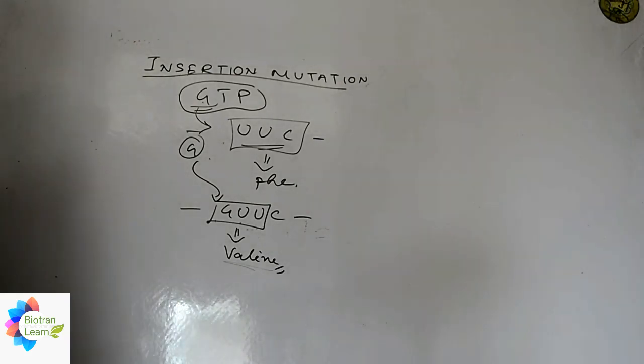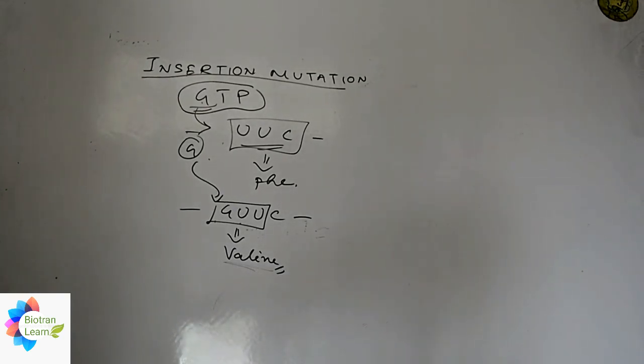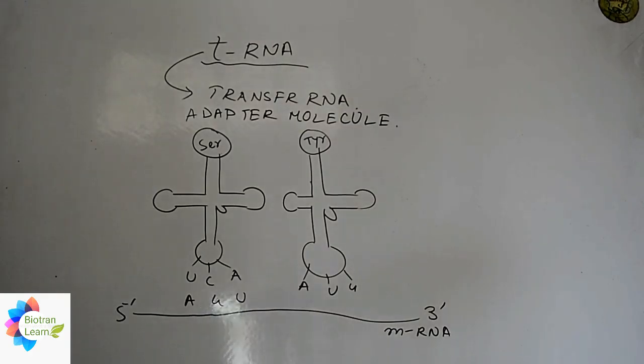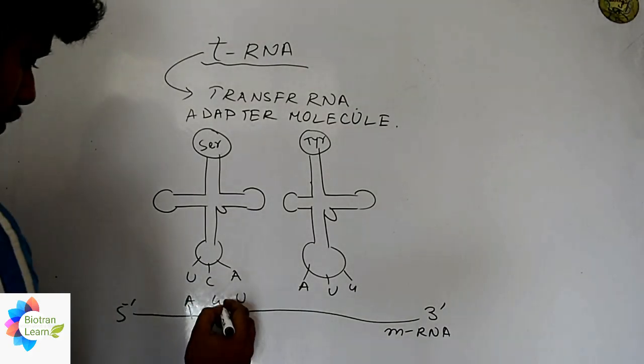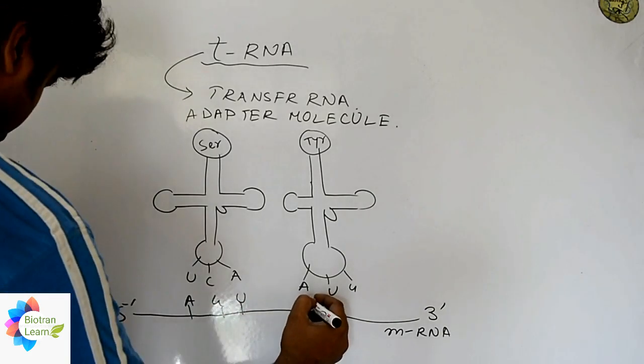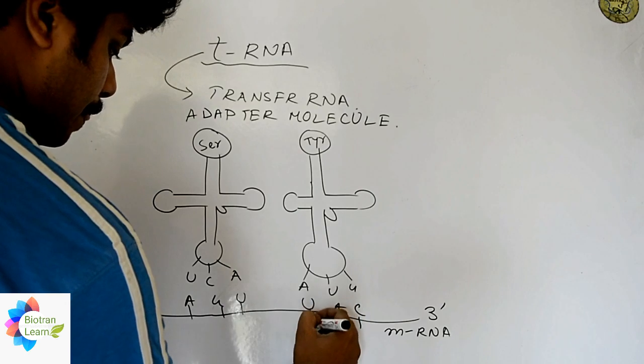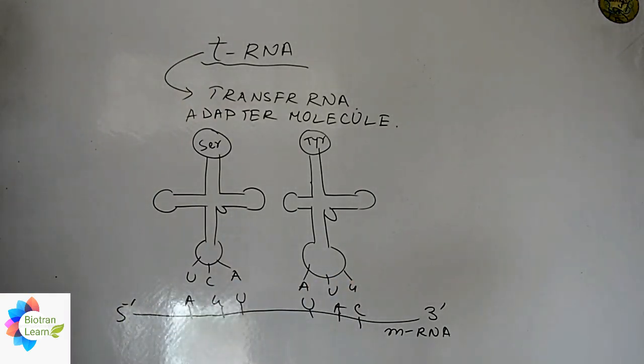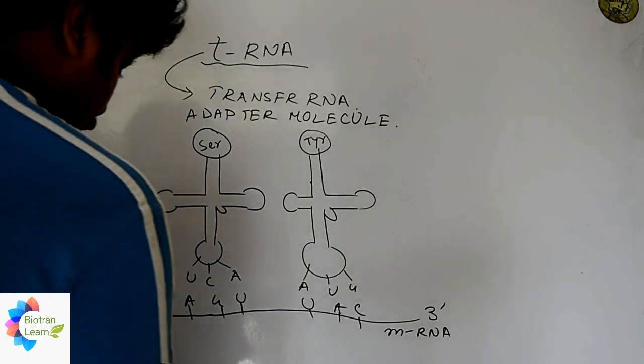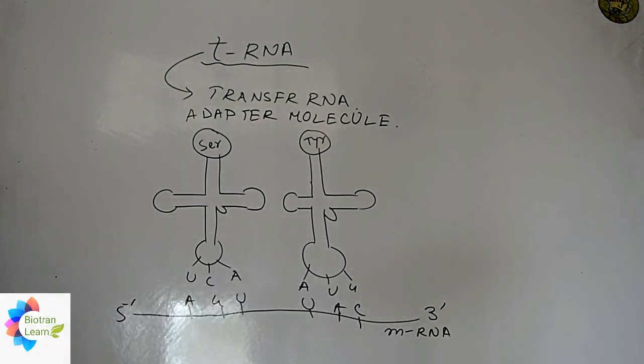Okay, so we will be moving to our next topic, the structure of tRNA. Now in this particular section we can see there is a structure of a codon and particularly a gene sequence, right? So what is basically a tRNA?